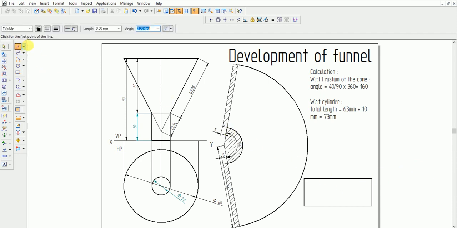Now what we need to do is, on either side 5 mm needs to be marked. 5 mm, and 5 mm here as well.